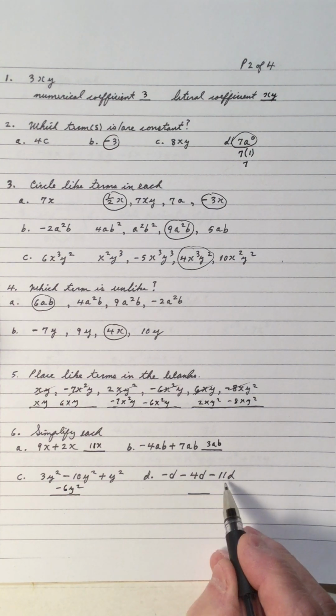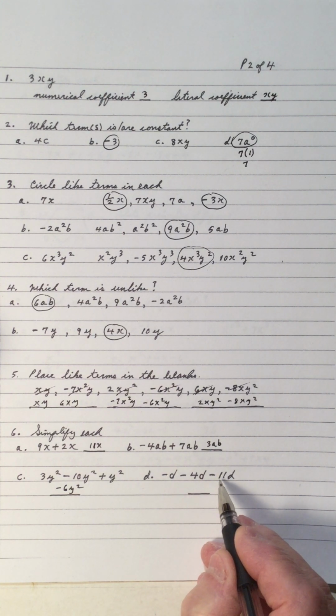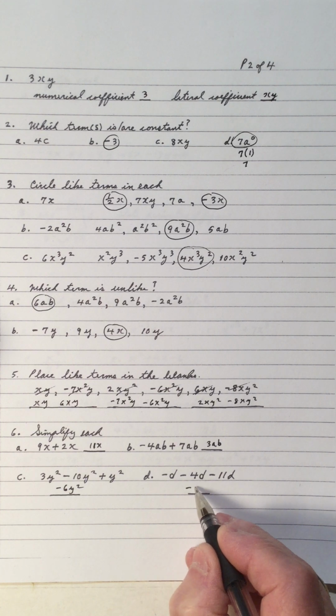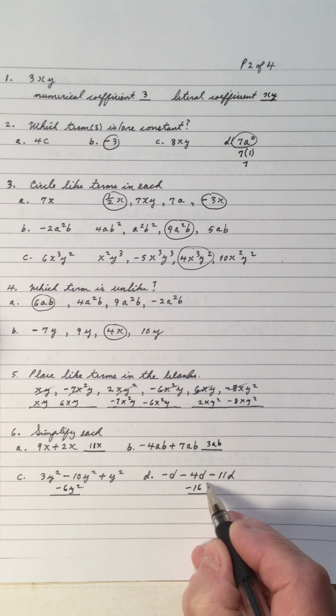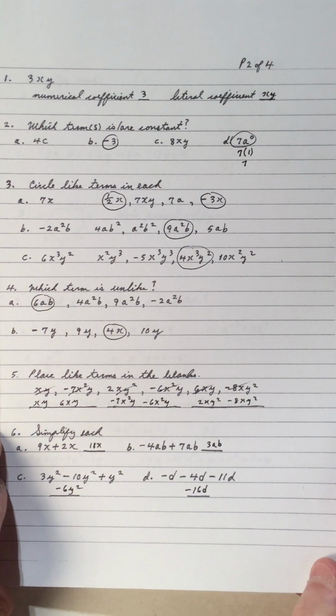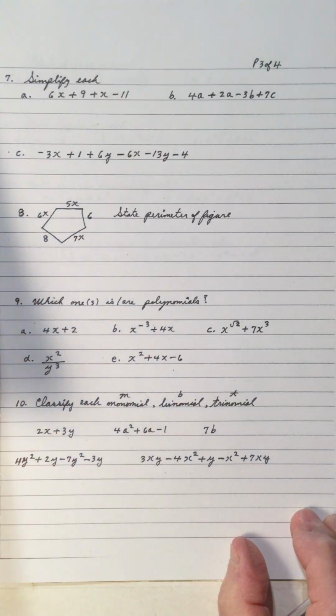And these are all like terms. These, so -1, -4, -11, -5 and -11 is a -16d. Again, when you add like terms, you write down the literal coefficient and add up the numericals.